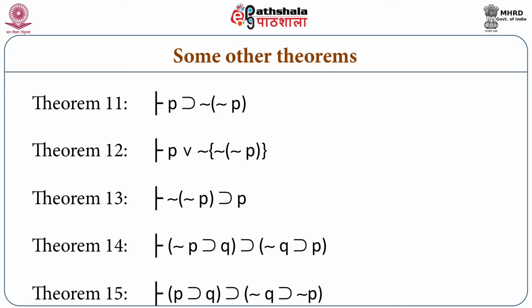We can have more theorems like, in theorem number 13, not P implies P. Theorem number 14, not P implies Q together implies not Q implies P, or theorem number 15 like P implies Q together implies not Q implies not P.